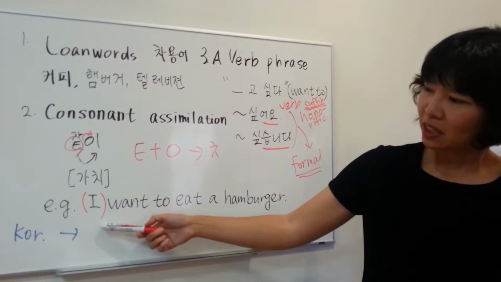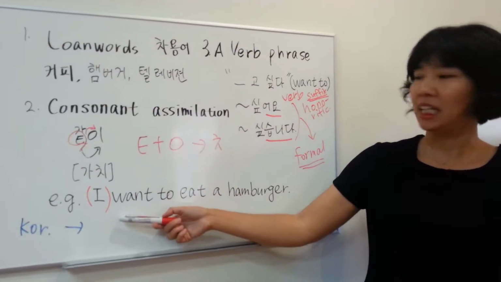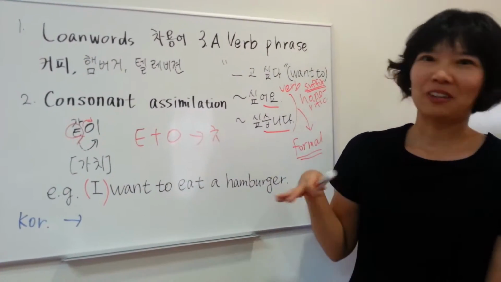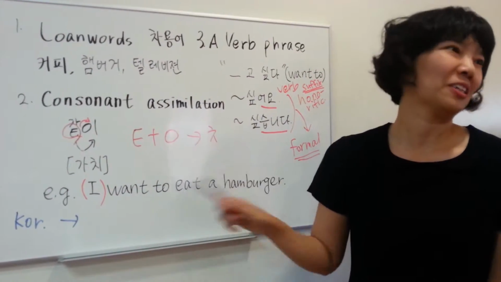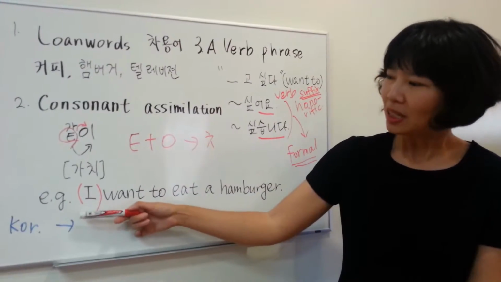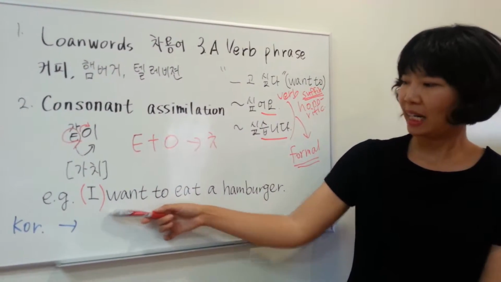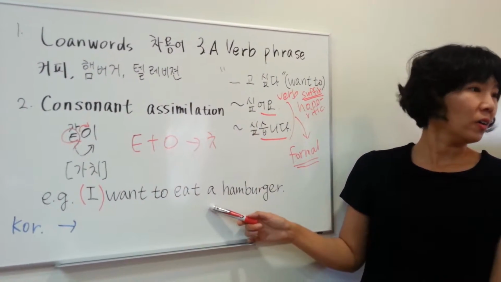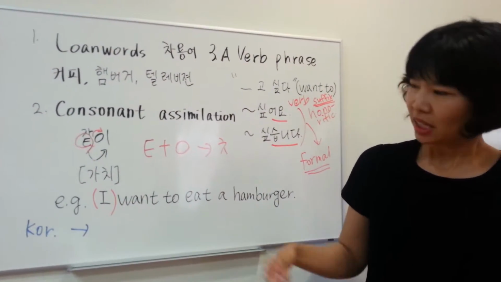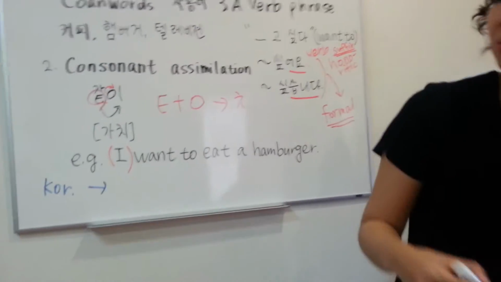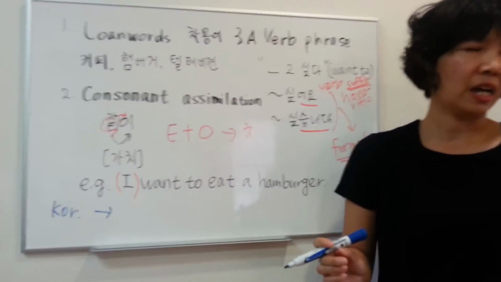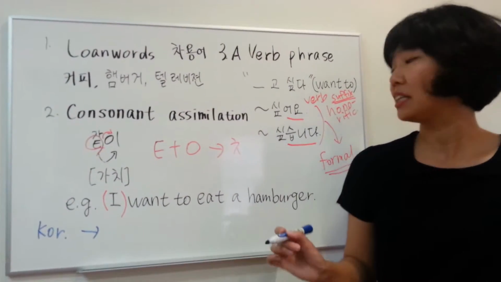I'll demonstrate an example sentence in English, and I'll let you write it in Korean on the board. So the example sentence is, I want to eat a hamburger. Yeah, it's a little bit different. The English sentence is totally different from the Korean sentence.